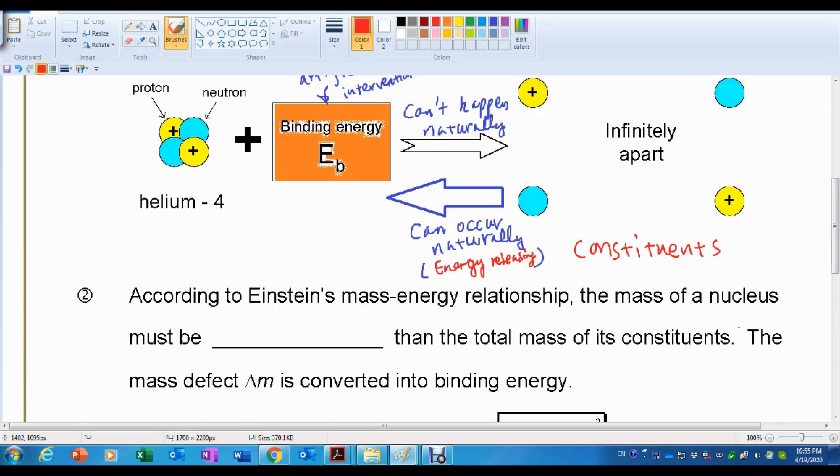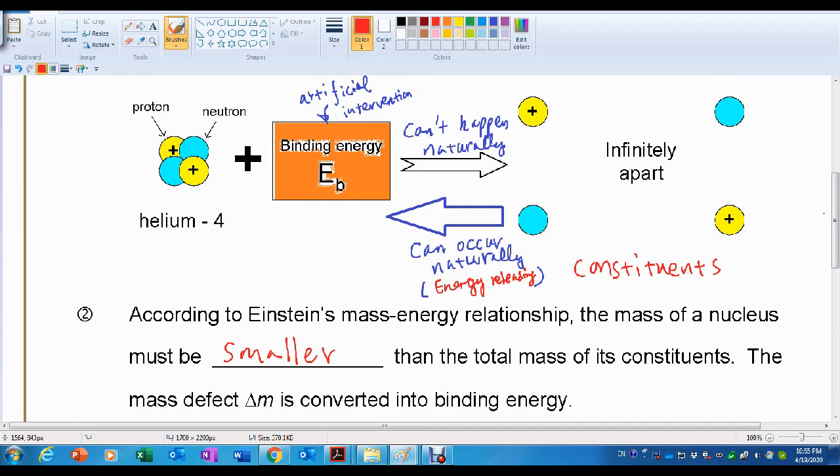That means the mass of the nucleus on the left-hand side must be smaller. From the nucleus to their constituents, there's no mass defect because the mass goes from smaller to bigger, so this will not happen naturally. But from constituents to the nucleus, the mass becomes smaller.